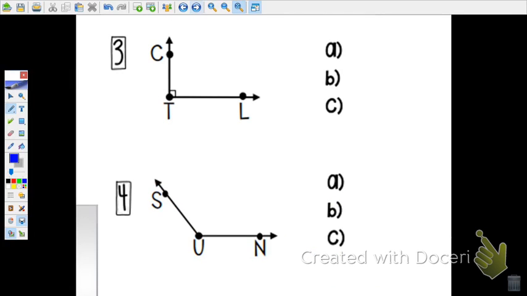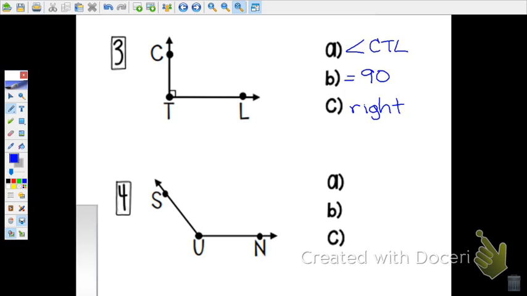Number 3, how am I going to name number 3? What did you do, Ian? Angle CTL. And then 90 degrees. Okay. It's equal to 90, so it's a right angle. Thank you, Ian.